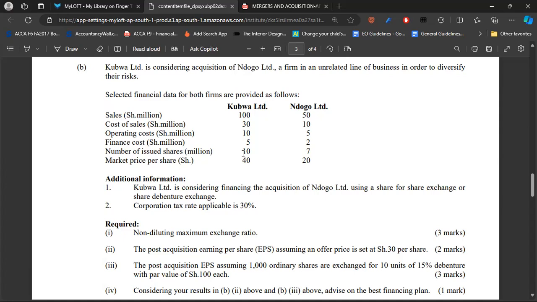Required: 1, non-diluting maximum exchange ratio. 2, the post-acquisition earning per share, assuming an offer price is set at 30 shillings per share. 3, the post-acquisition EPS, assuming 1,000 ordinary shares are exchanged for 10 units of 15% debenture with the par value of 100 shillings each. 4, considering your results in B2 above and B3 above, advise the best financing plan.